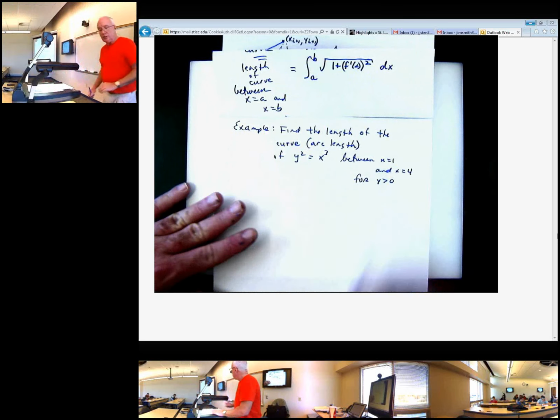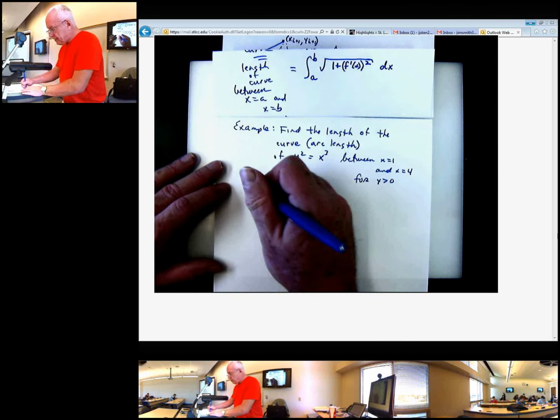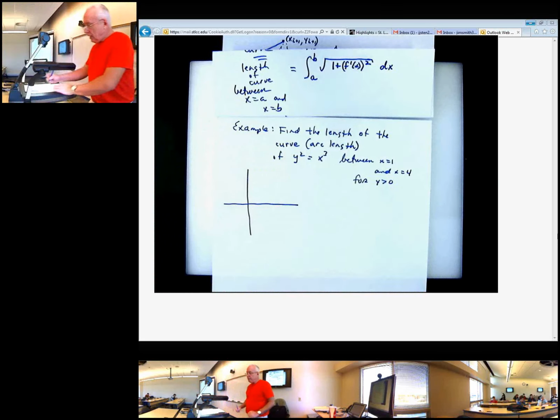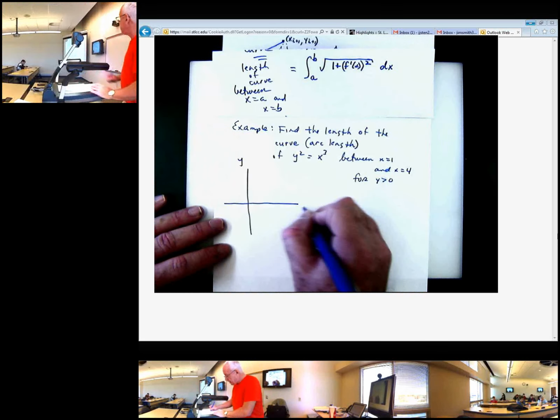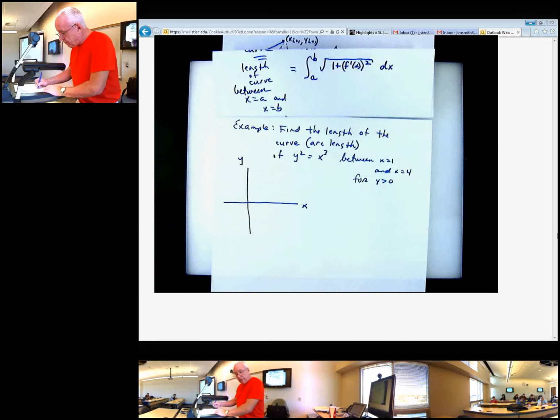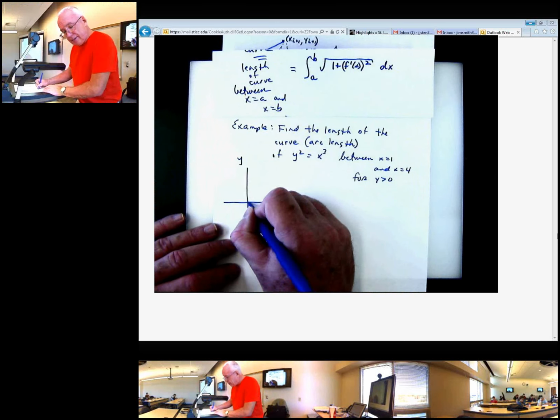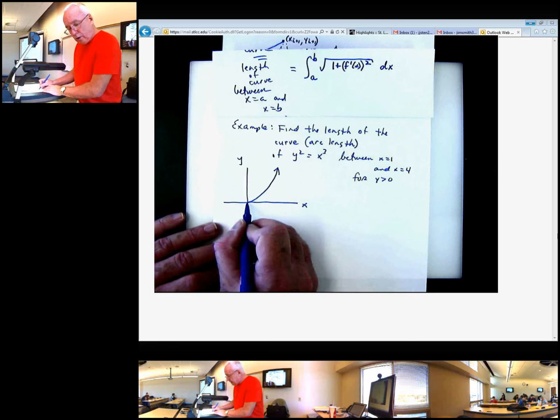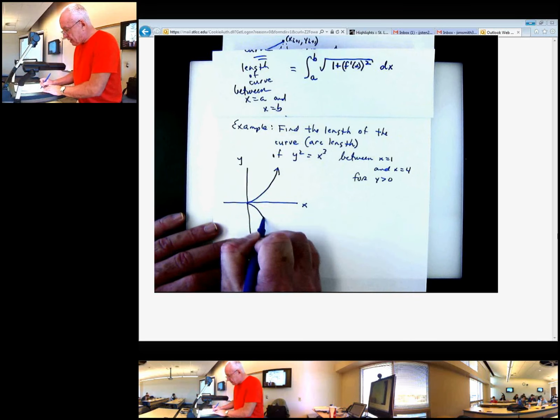So let me give you a very rough sketch of what this curve looks like. Here's our y and x-axis. This curve above the x-axis curves up like this, and then it has this break right here, and below the x-axis it goes down like this.